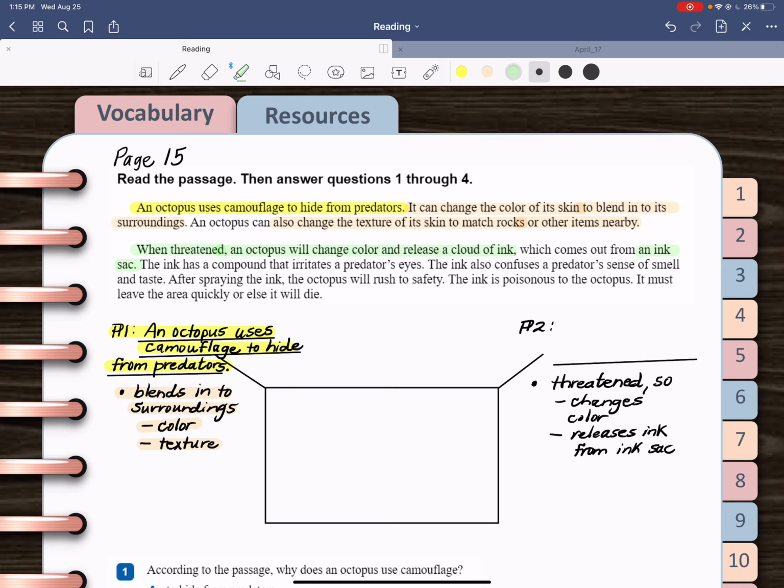So what about the ink? Why does the ink matter? The ink has a compound that irritates the predator's eyes.